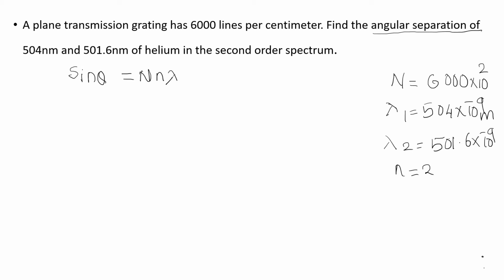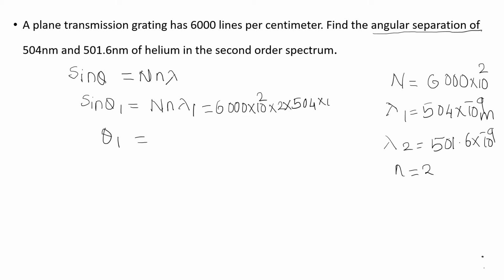For the first case we can write sine theta 1 is equal to N n lambda 1. Therefore theta 1 can be written with N as 6000 into 10 square, n as 2 and lambda 1 as 504 into 10 raised to minus 9.